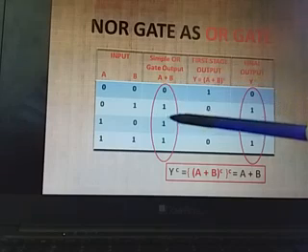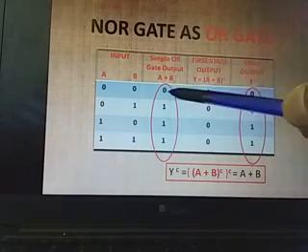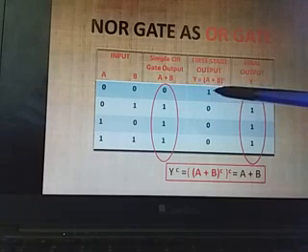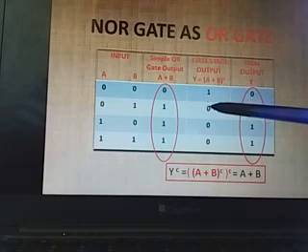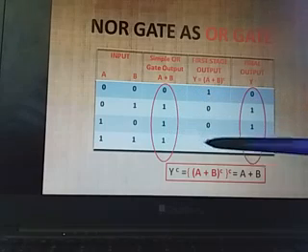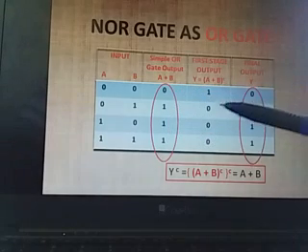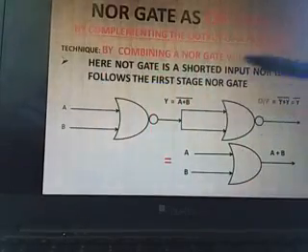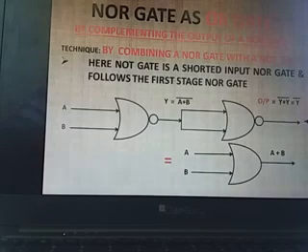It means complement of all this. What is the complement of 0? It will be 1. Complement of 1 will be 0. Nice. Now what about the final output over here?